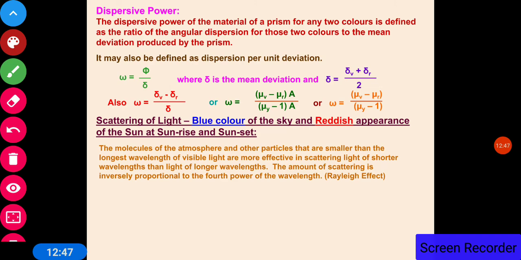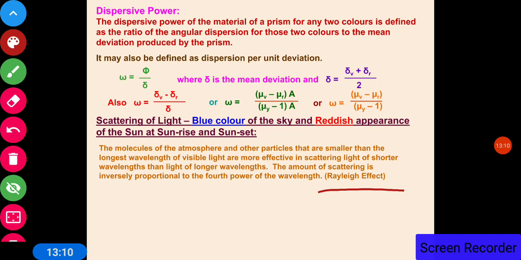The molecules of the atmosphere and the particles that are smaller than the longest wavelength of the visible light are more effective in scattering light of shorter wavelength than that of longer wavelength. The amount of scattering is inversely proportional to the fourth power of the wavelength, that is Rayleigh's effect.